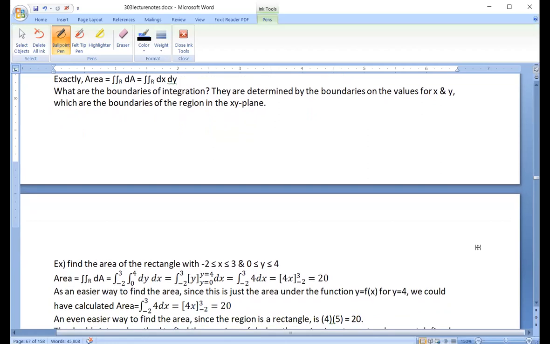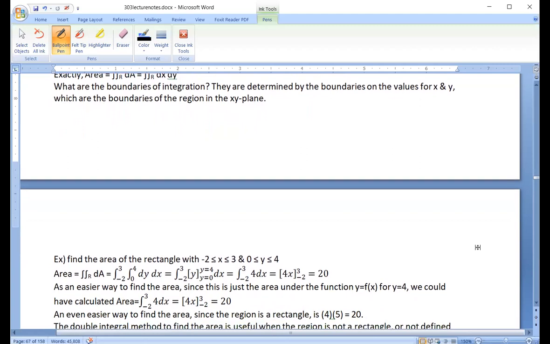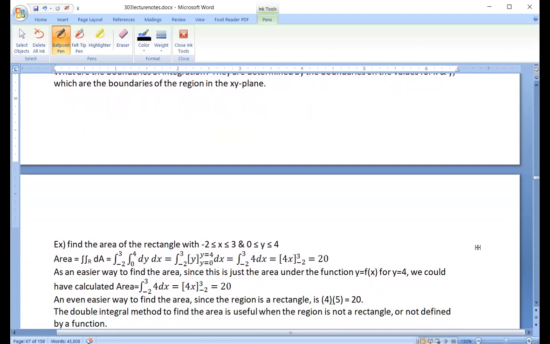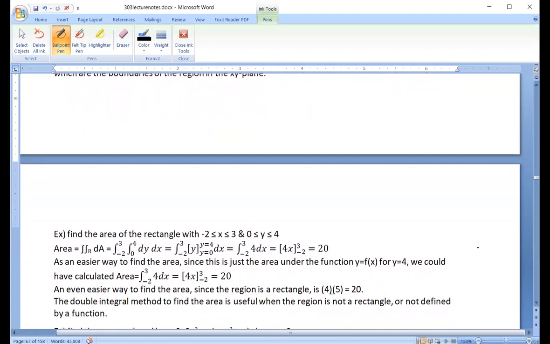Notice that x goes from -2 to 3, so the width is 5, and y goes from 0 to 4, so the height is 4. 4 times 5 is 20. The double integral method was not useful in that case. However, it would be useful if the region is not a rectangle or if it's not defined by a function.